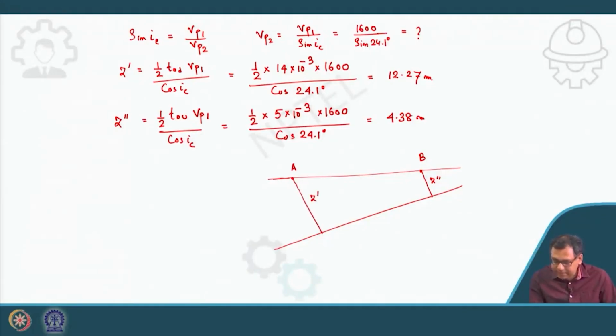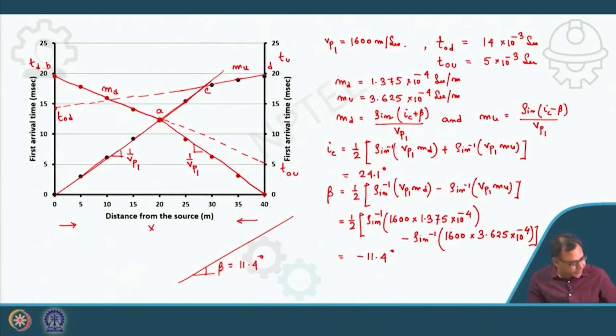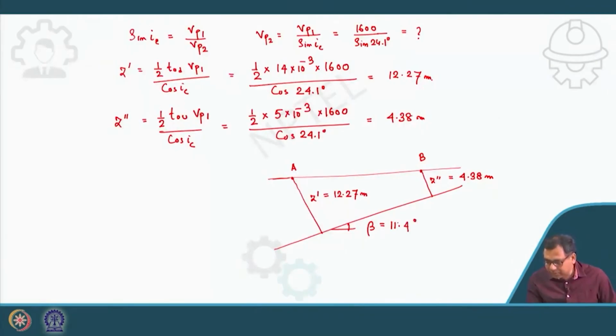Z dash is coming out to be 12.27 meter and Z double dash is 4.38 meter, and this is the beta, which is 11.4 degree, and VP1 is 1600 meter per second, and VP2 that you can determine from this equation.